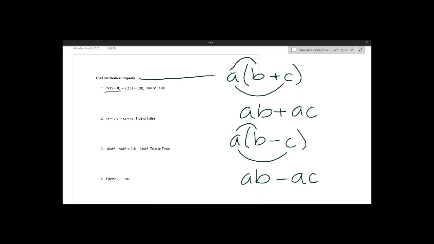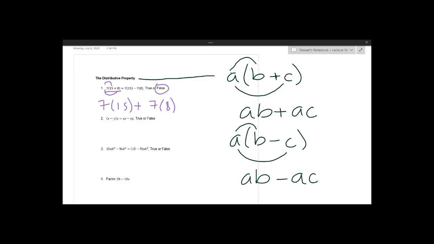It doesn't just have to be for variables, because variables just represent numbers that you don't know. The 7 would get multiplied to the 15 and to the 8, so you'd have 7 times 15, and then over here you'd have 7 times 8. However, there's an addition sign in the middle, so you'd have to keep that addition sign. It wouldn't change to a subtraction, so this one is actually false.